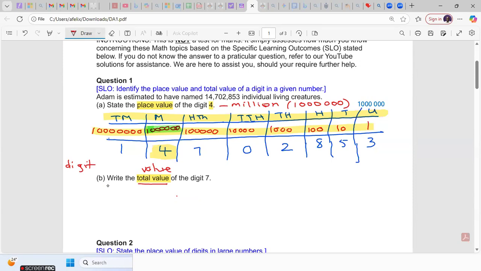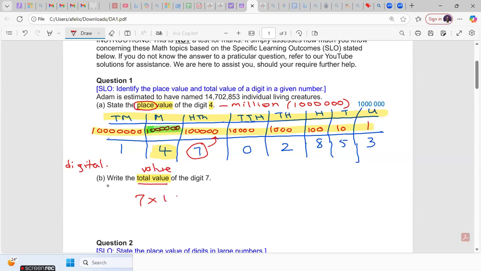The important word is you do not see the word place. Place has to do with the position that the digit occupies. If they just ask you what's the value or total value of the digit 7, this is where you actually calculate, multiply the digit by its place value.